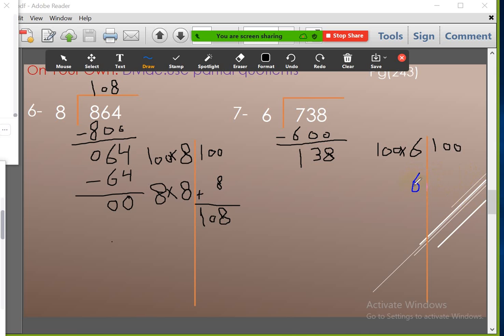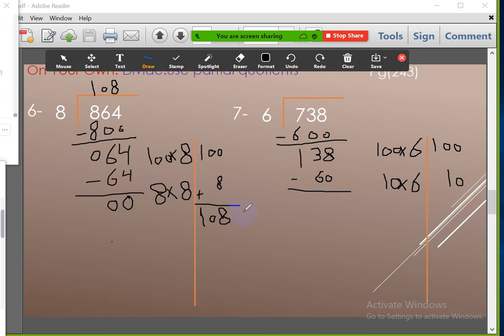Which number, multiplied with 6, will give me less than 138? Let us choose 10. 10 multiply 6 is 60. Let's subtract 60 from 138.